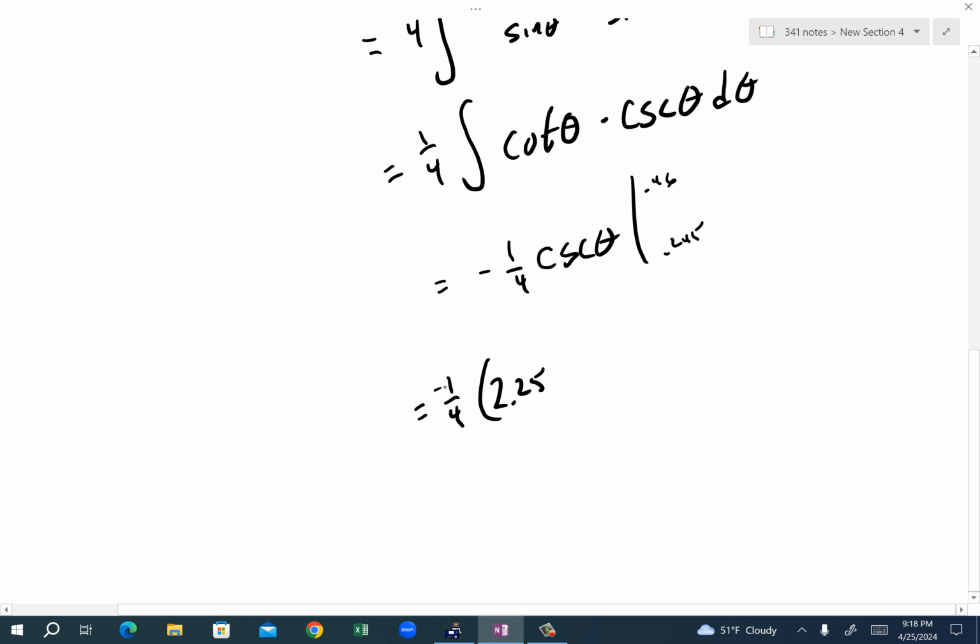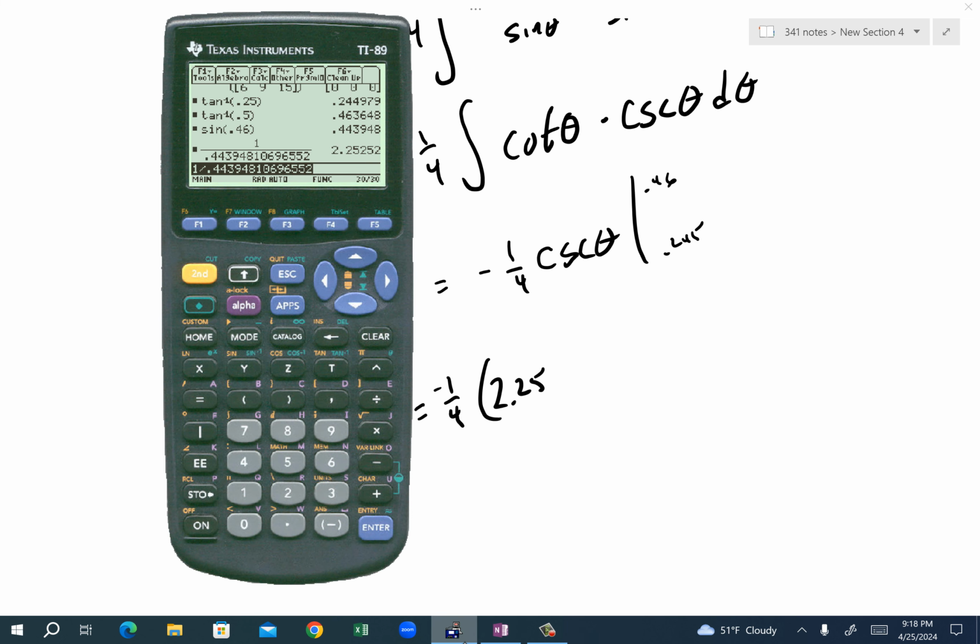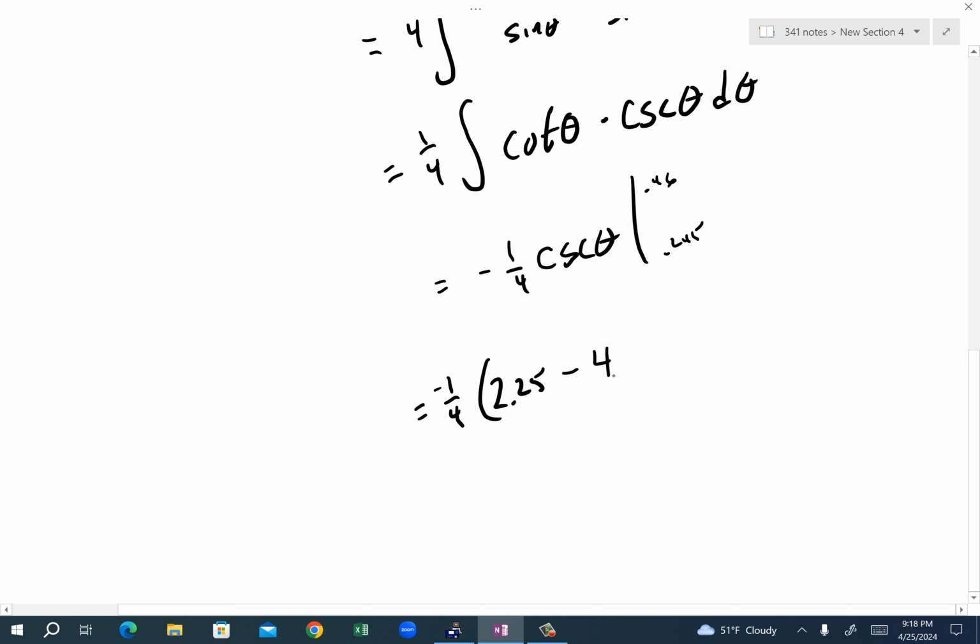On the bottom end, the sine of 0.245, and then 1 divided by that is 4.12. And then you're done. It's that easy.